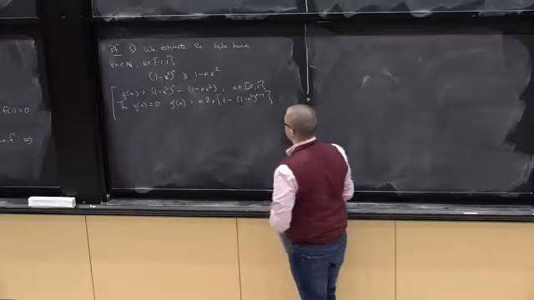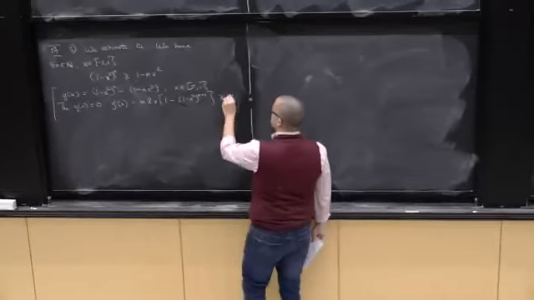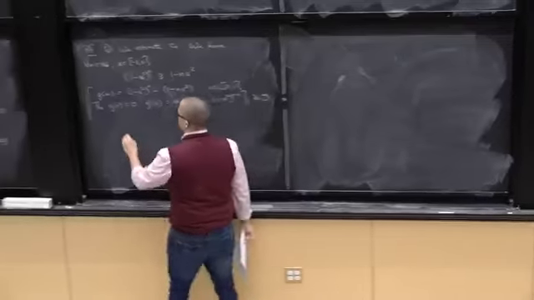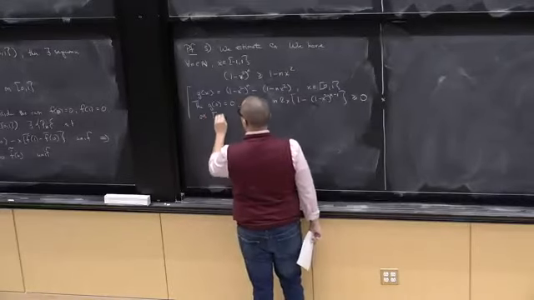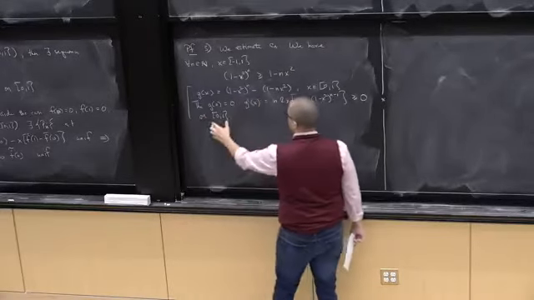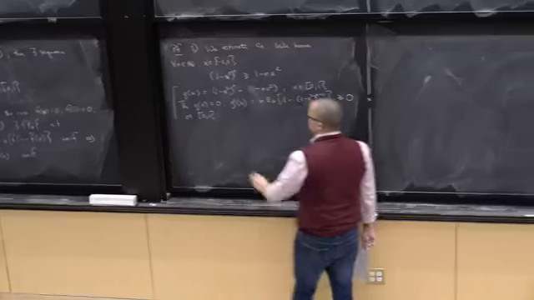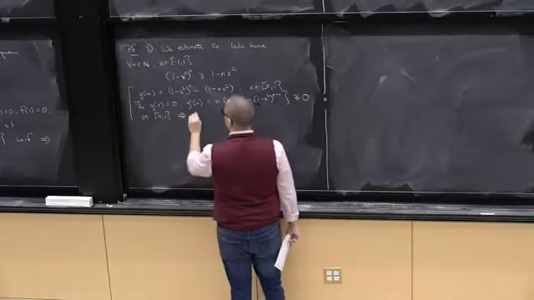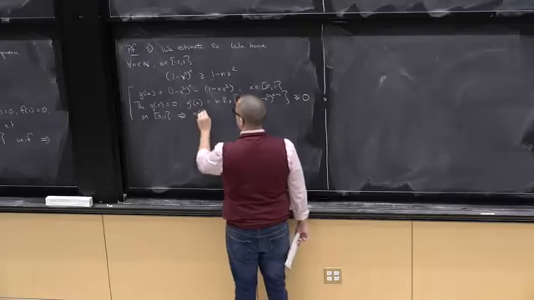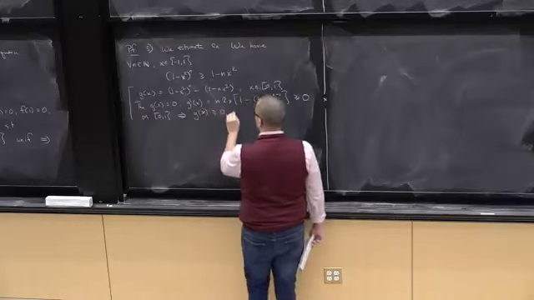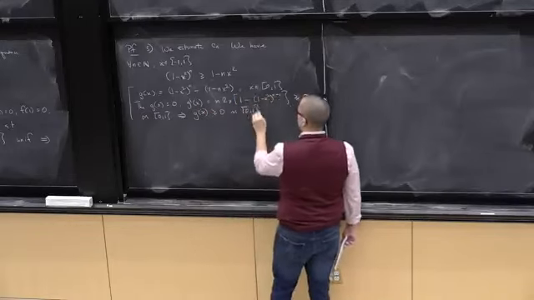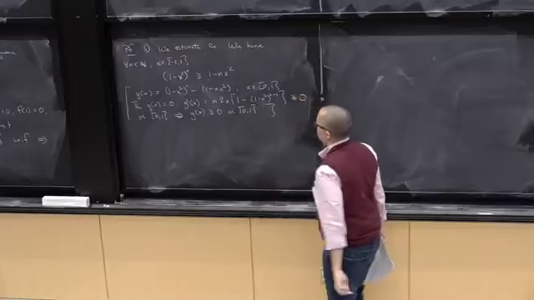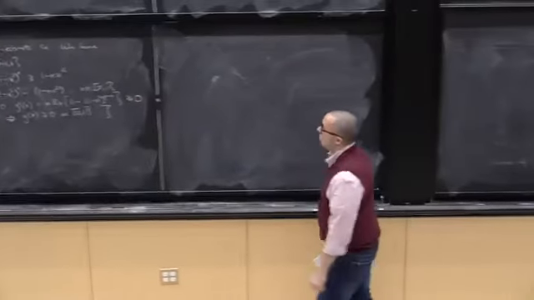So this is always bigger than or equal to 0 on [0, 1]. So on [0, 1], this function is increasing, and its value at 0 is 0, so we get that, which is exactly what we wanted to prove. Okay?